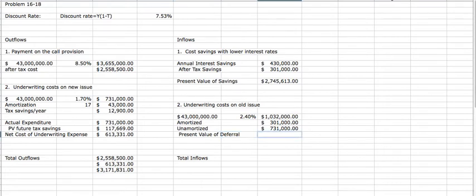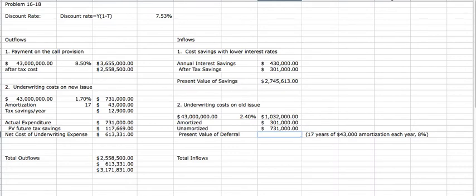Alright, and that number we'll need our calculators for again. That's going to be 17 years of $43,000 write-offs or amortization each year, and we're going to use our discount rate of 8%. So let's go ahead and get our calculators.